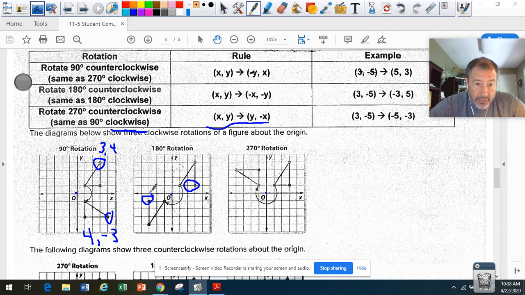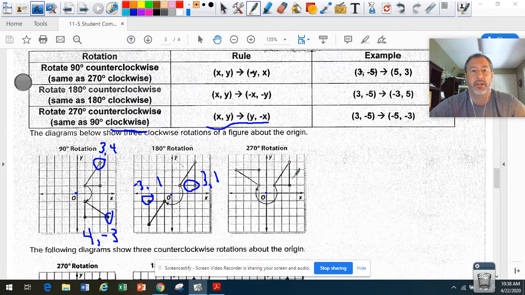So this point here is 1, 2, 3. 3, comma, 1. Okay, so it says make it the opposites. So this would be -3. Well, let's look here. 1, 2, 3. That's -3 and down 1. So it is -3, comma, 1.